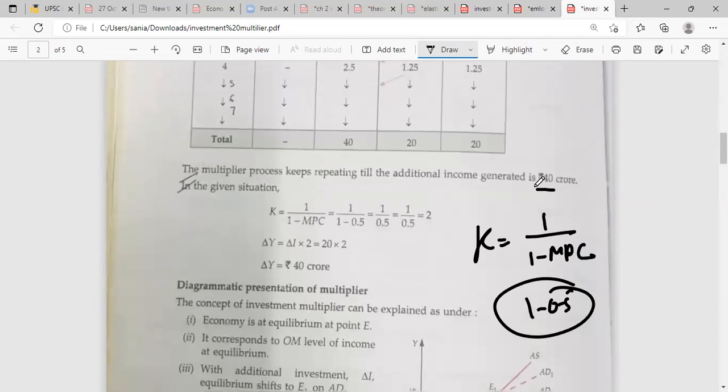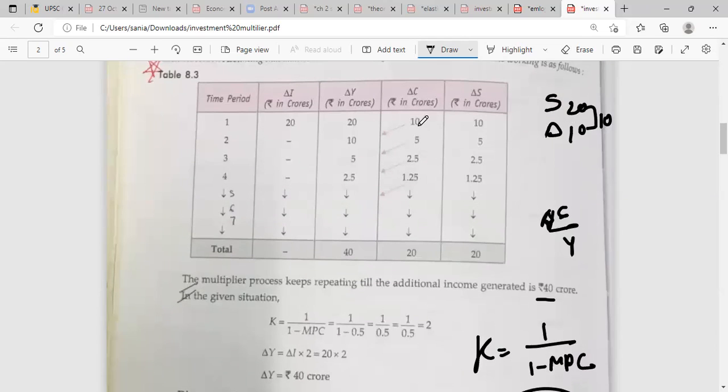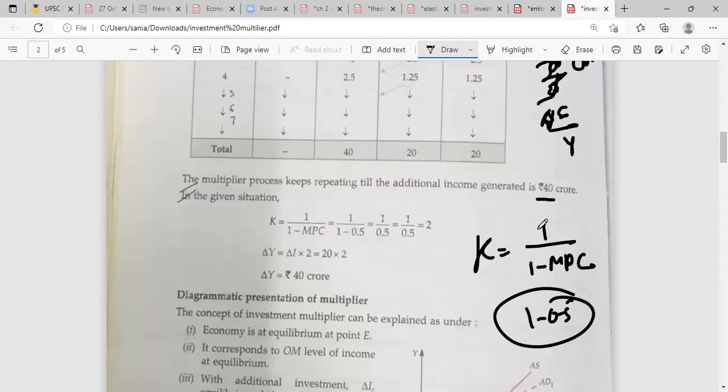Tell me. Yes, ma'am, C by Y. Over here, 10 upon 20, so when you divide it you get 0.5. Yes, delta C upon delta Y. So you got 0.5. This is the formula for K.